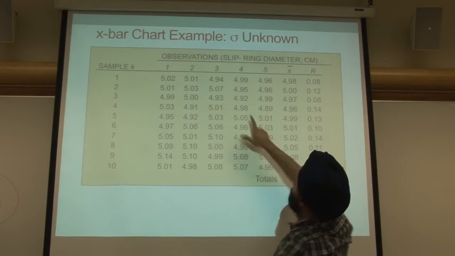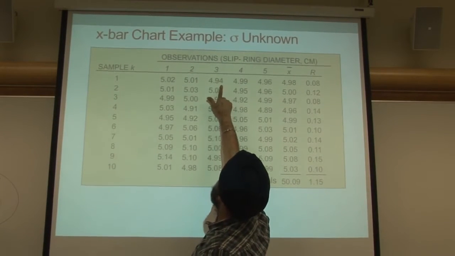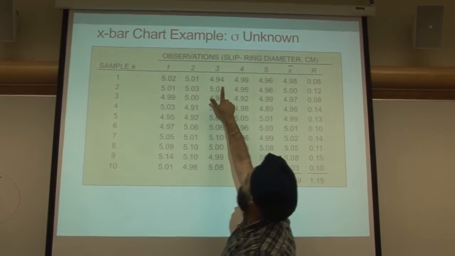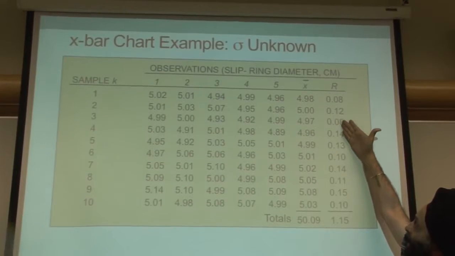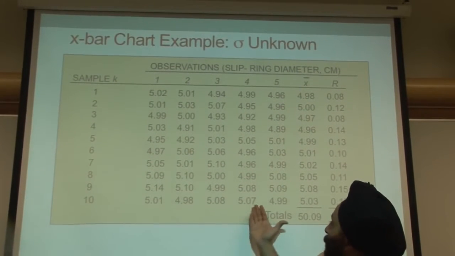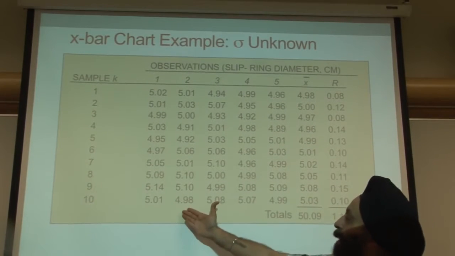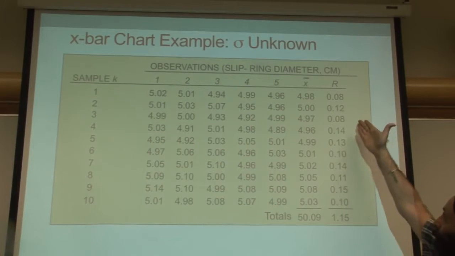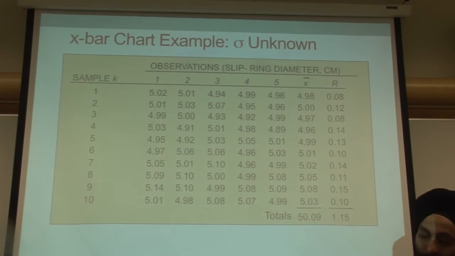The range here is the maximum, which is 5.02, minus the minimum, which is 4.94. Subtract that and it gives you 0.08. You calculate it the same way for the rest of them. The last one is 0.10, which is 5.08 minus 4.98, maximum minus minimum. If you add these up, it is 1.15.